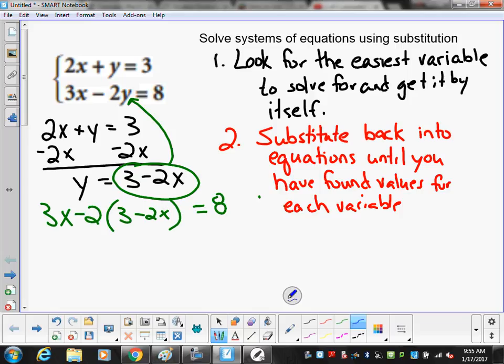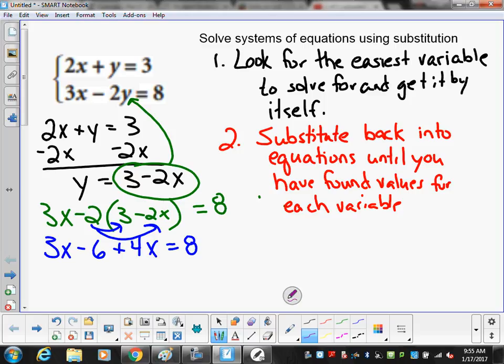Next step, distribute that negative 2. So 3x, negative 2 times 3 is negative 6, negative 2 times negative 2x is positive 4x. These last couple of steps, I'm going to combine my terms and solve for x.